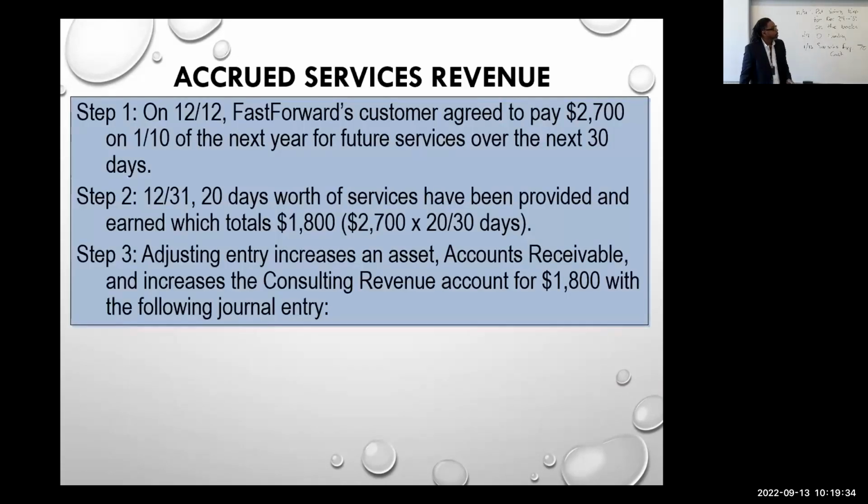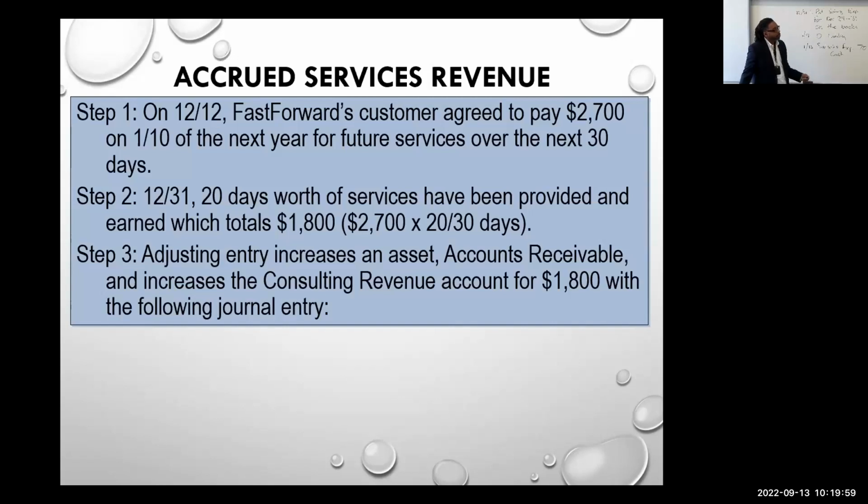So that's accrued revenue. Accrued revenue happens when you have finished the work, they owe you the money, but they haven't paid you yet. So Fast Forward company agrees to pay $2,700 for future services over the next 30 days.